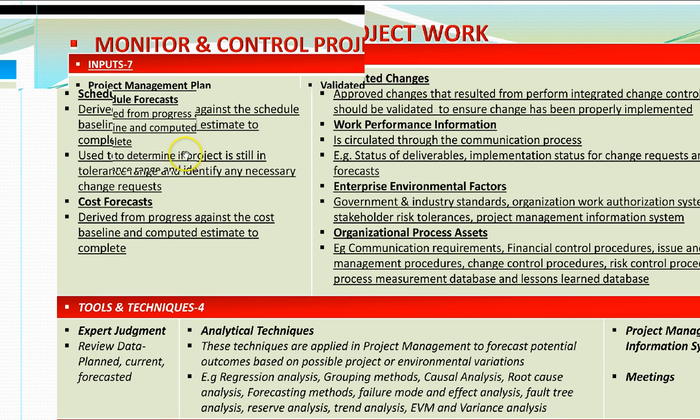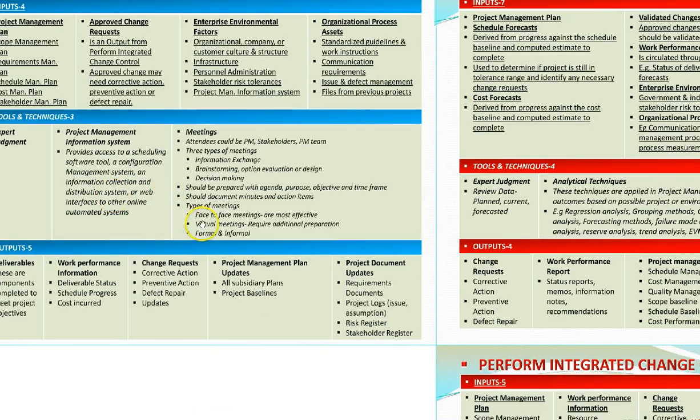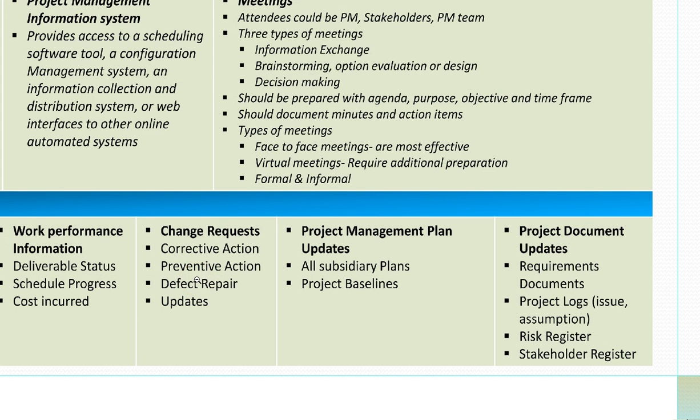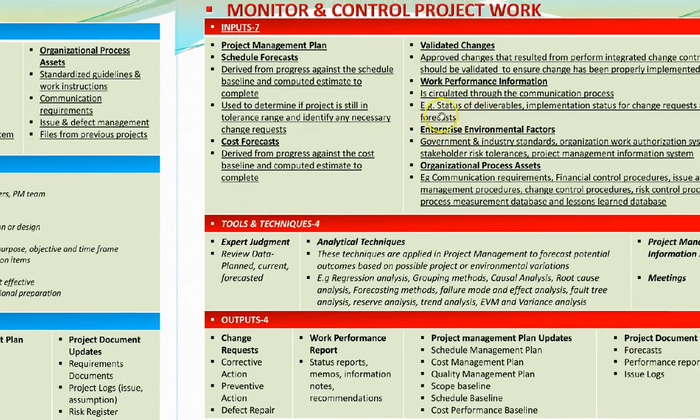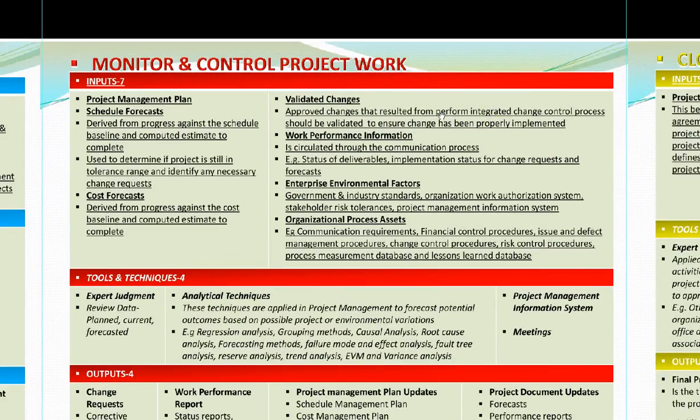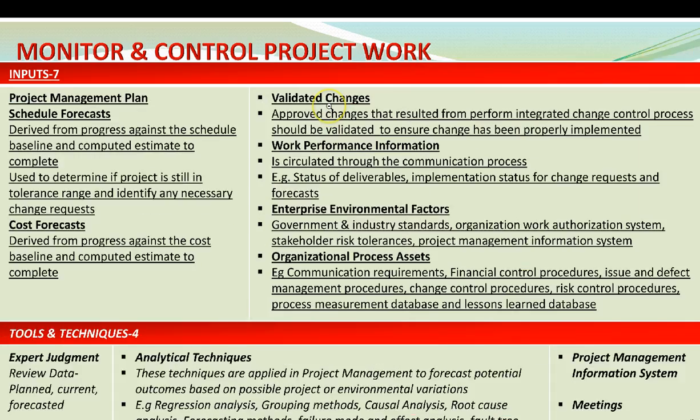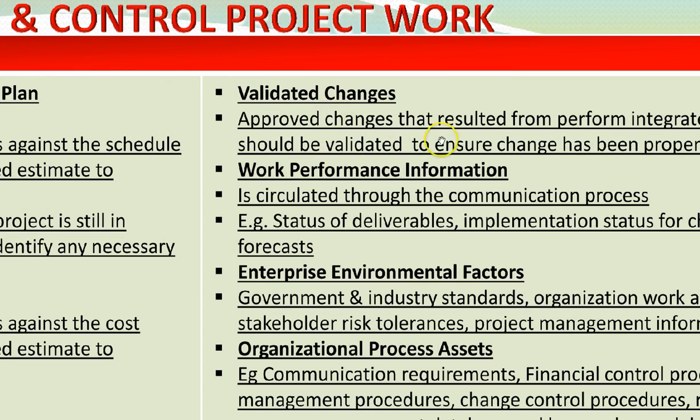In the previous process, we saw the change requests. These change requests are sent by the stakeholders, or it could even be the project team, and then we validate the changes.